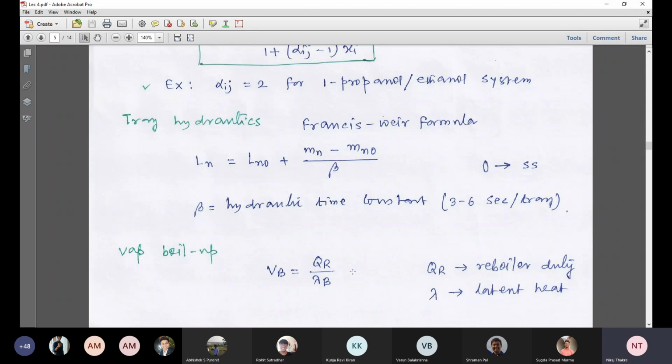That is latent heat of boiler vapors or latent heat of reboiler liquid. Sir, reboiler is nothing but heat exchanger, so we can use equation of heat exchanger MCP delta T to calculate QR reboiler duty.